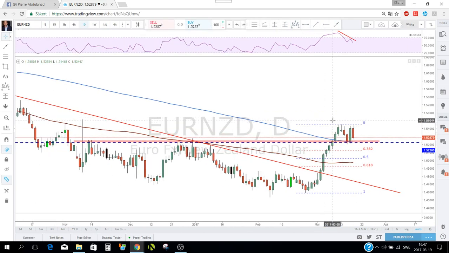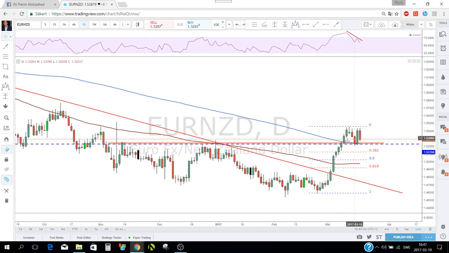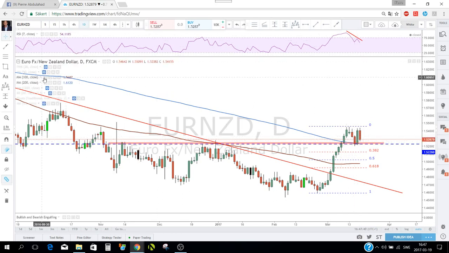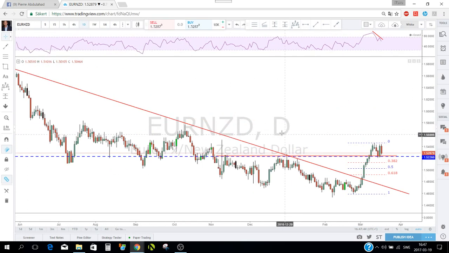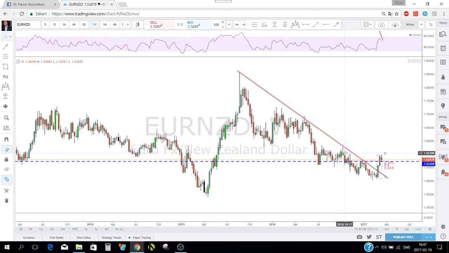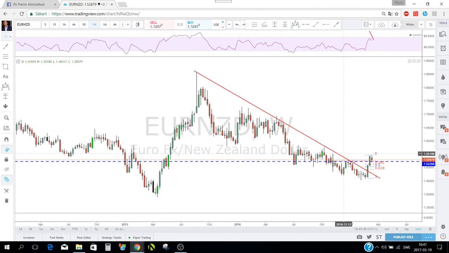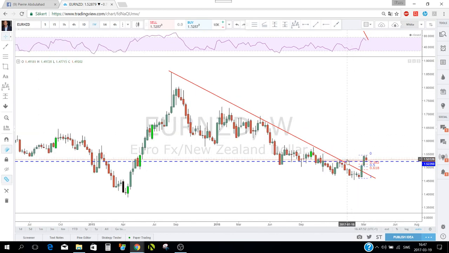So as long as we are trading above this structure and the 200 daily moving average, we'll maybe start looking for longs on this pair, because if you go to the weekly, you can see that we have huge opportunities that can be taken here.